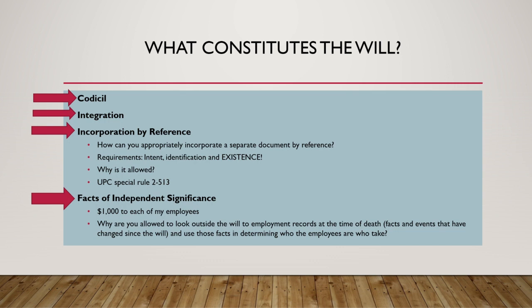Incorporation by reference is a 3-factor test in which you might incorporate a non-complying document as part of the will, as long as it's in existence, intent, and identification. There's a special UPC rule. And how do we allow things that change after we execute the will under facts of independent significance impact our will? How is that not violating our formality requirements? So those are the 4 concepts that we will cover in this last and final section.